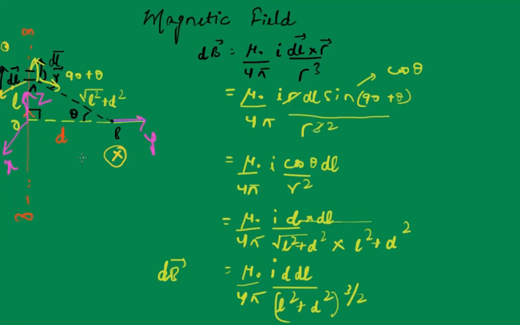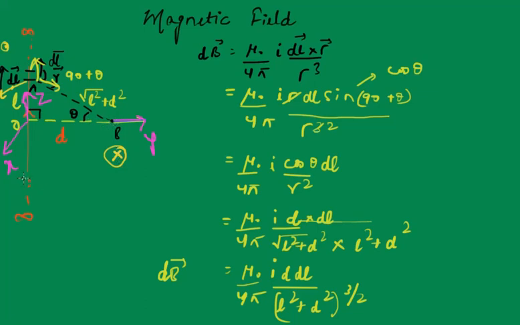Secondly, because the wire is infinite, we can use some symmetry here. We know that because of this element dl, the magnetic field is inside the plane.